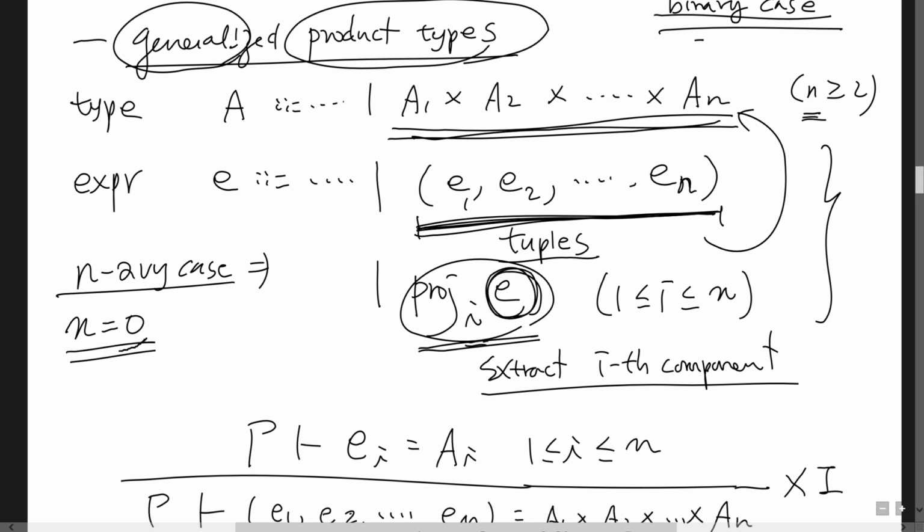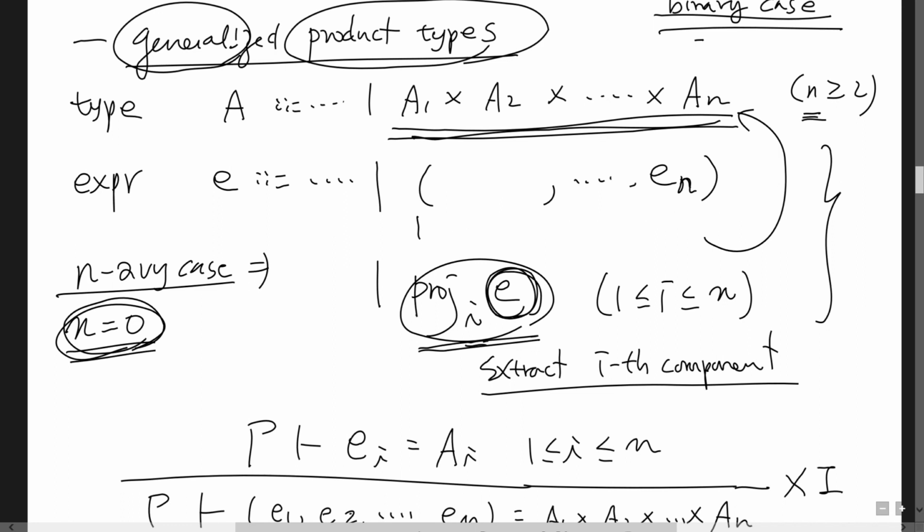If we set n to 0, we have 0 components, which means all these individual components inside disappear. So we are left with just parentheses. This is the syntax that we find when we set n to 0.